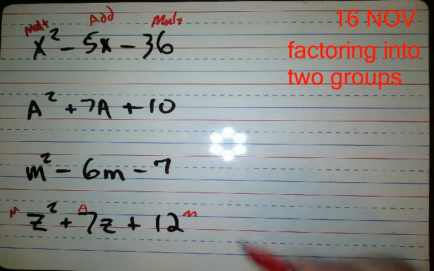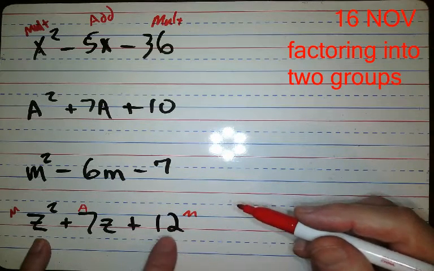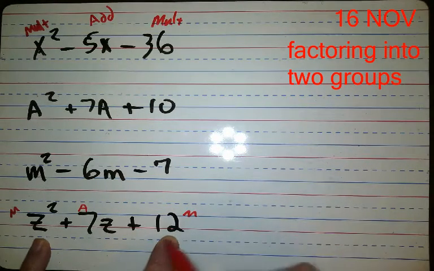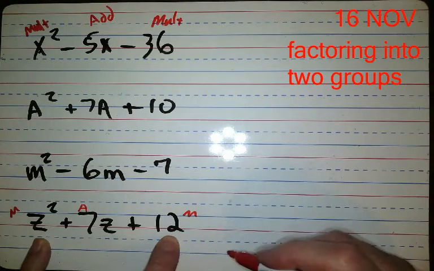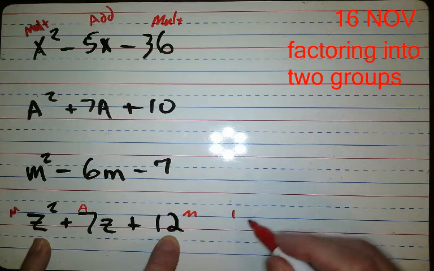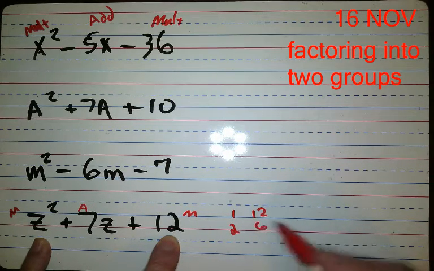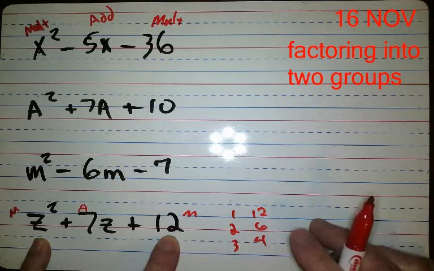So, when we think about numbers that multiply to, let's start at the bottom and work up. When we think about numbers that multiply to be 12, we could do 1 times 12. We could do 2 times 6, or we could do 3 times 4, right?